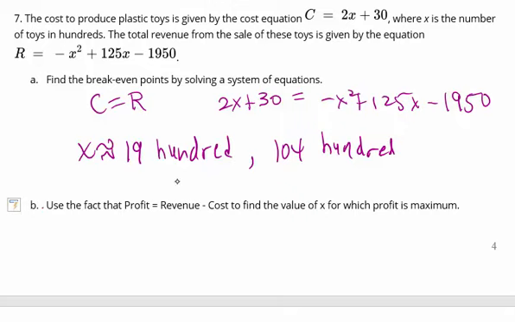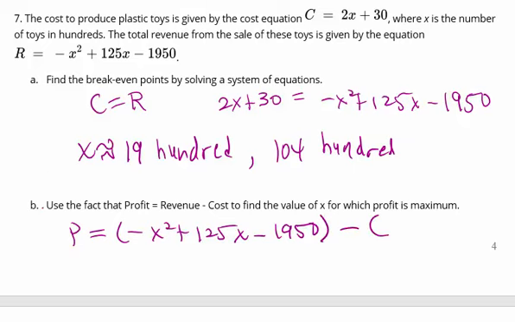To find the value of x for which profit is a maximum, okay, so we're first going to write our profit function. P equals revenue, which is -x squared plus 125x minus 1950, and then minus cost, and that's 2x plus 30.